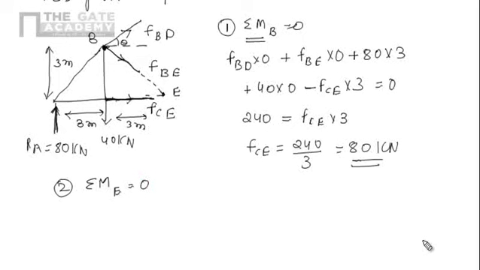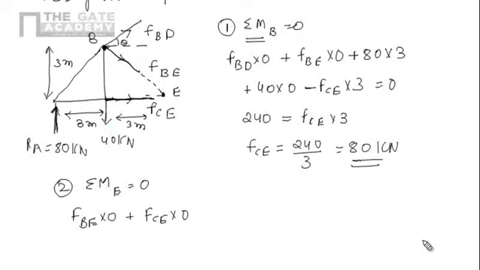If we see the line of action of CE and BE, it is passing through E, it means perpendicular distance is 0, moment will be 0. So we can write FBE into 0, we can write FCE into 0. Now let's take the other forces.